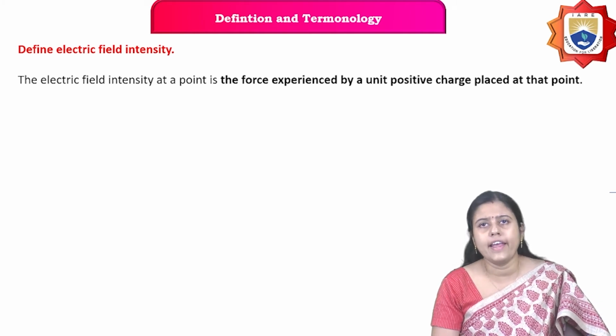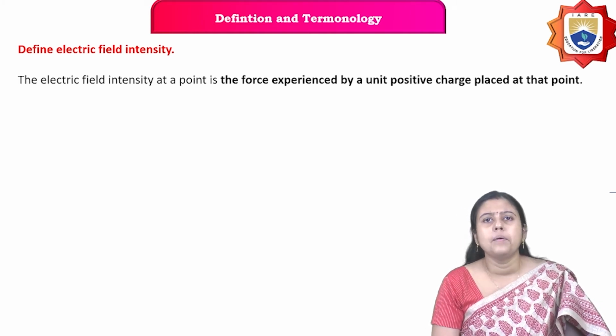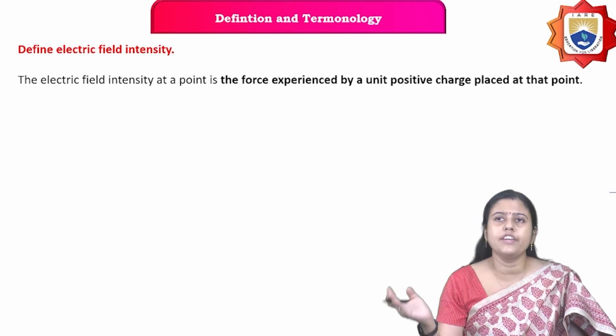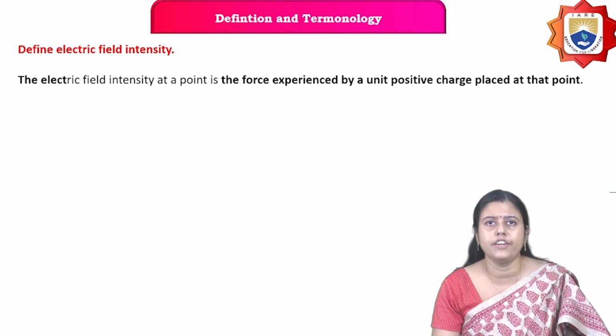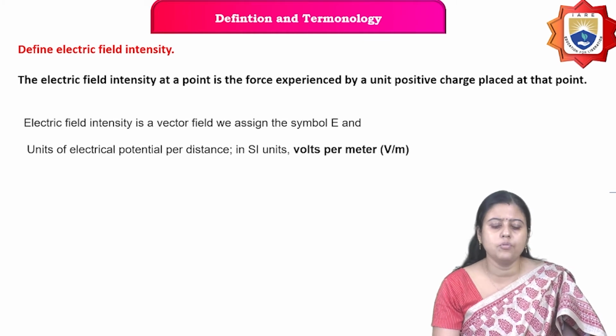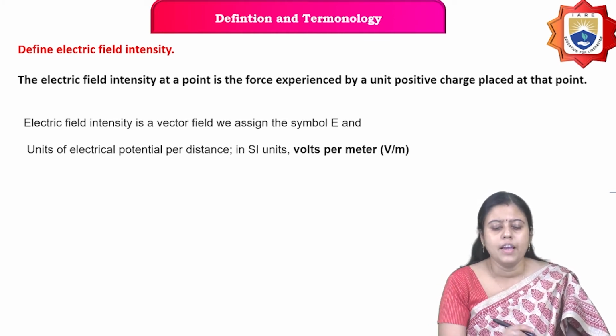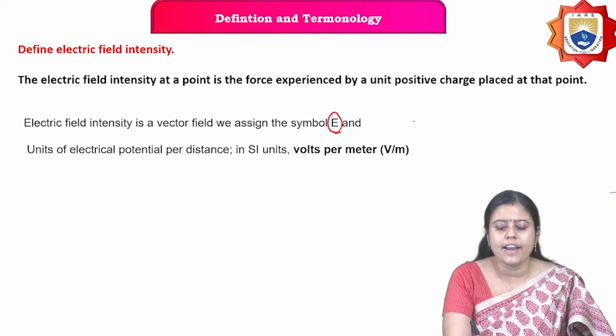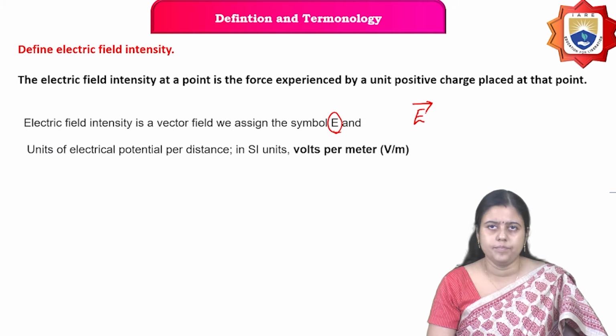Or we can say it is the work done to bring a unit positive charge from infinity into an electric field. We write the electric field by the letter E, and it is a vector quantity.